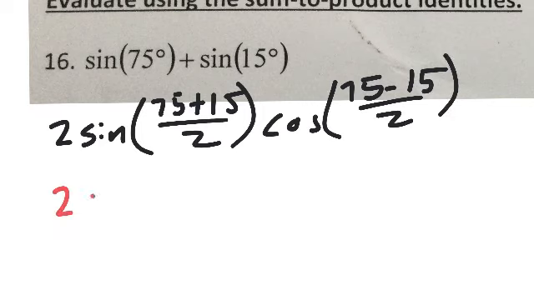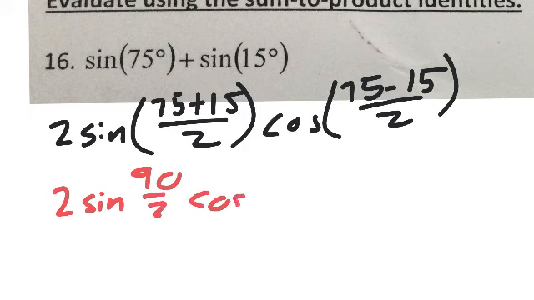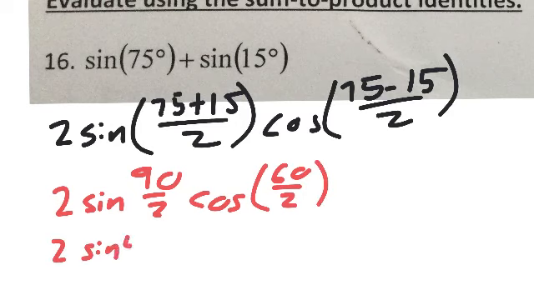So this would be 2 times sine of 90 over 2, cosine of 60 over 2. So that's 2 times sine 45, cosine 30.